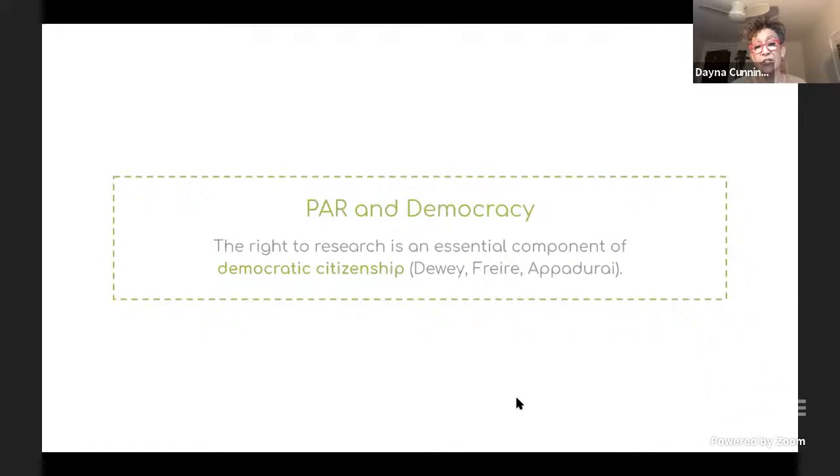And Appadurai actually says, in a complex technological world, you cannot meaningfully exercise your citizenship rights without having the wherewithal to do the research. So in CoLab, we say that the right to research is an essential component of democratic citizenship. And that seems never more timely and relevant than right now with all of the information and knowledge wars happening around the world.